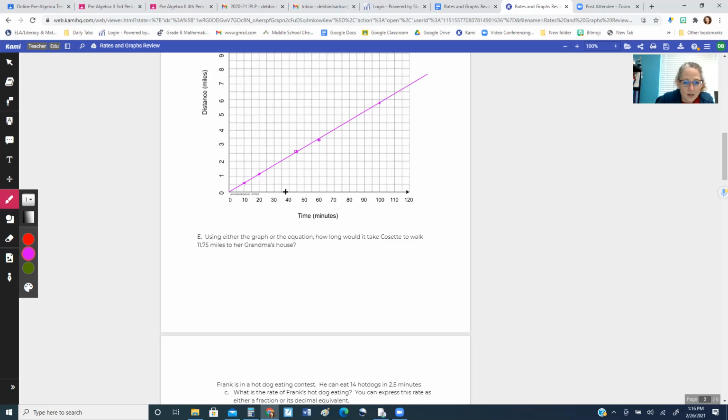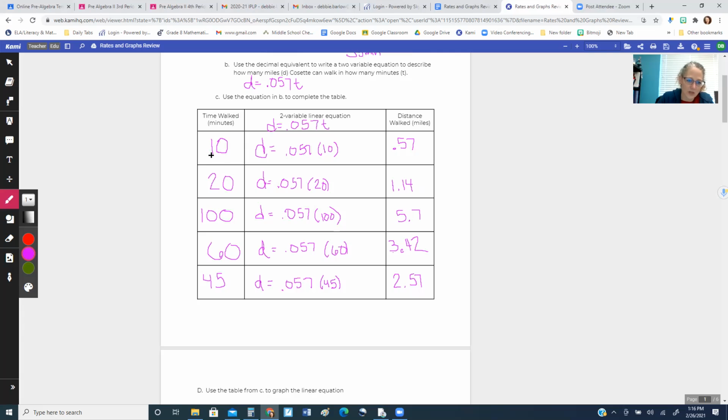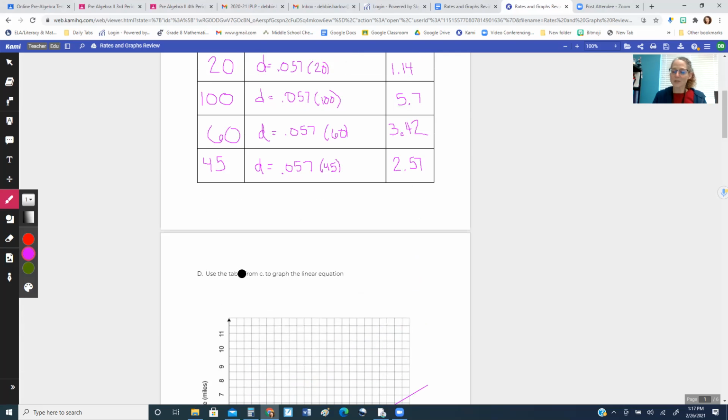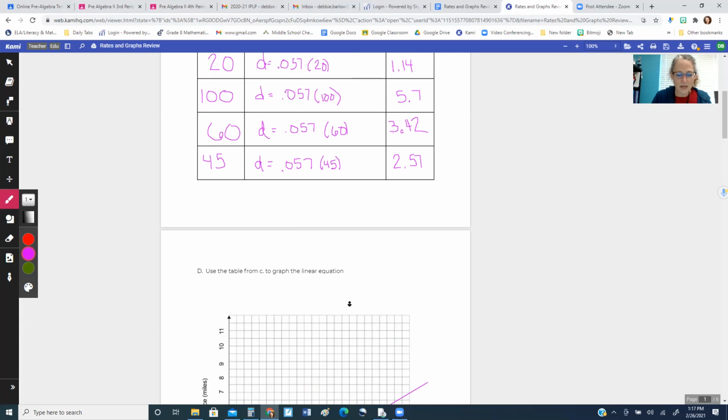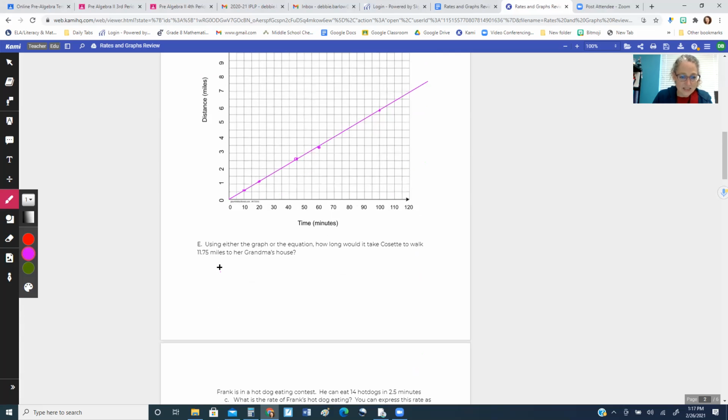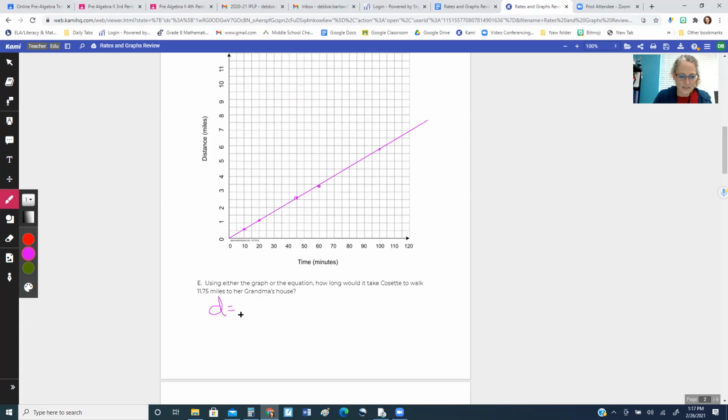So up here, we had time. We put time into the equation, and we got distance out on the other side. Here we have distance, and we need to get time. Can we do that? Yes, we can do that. Okay, we have the distance is equal to 0.057 times the time.